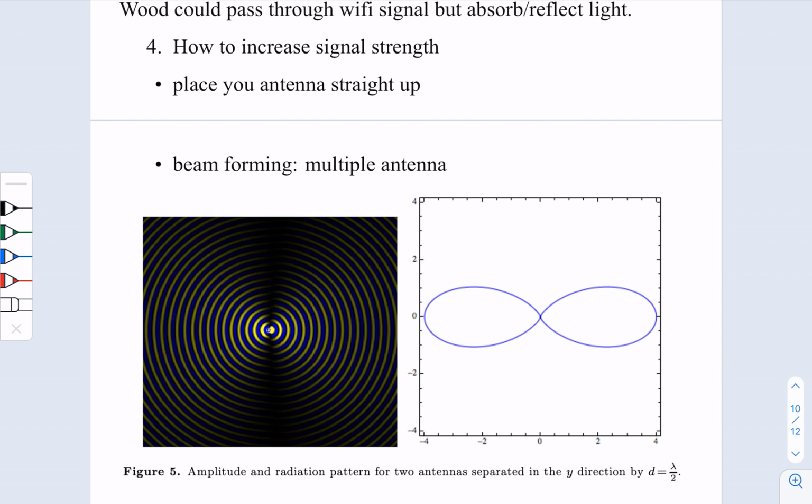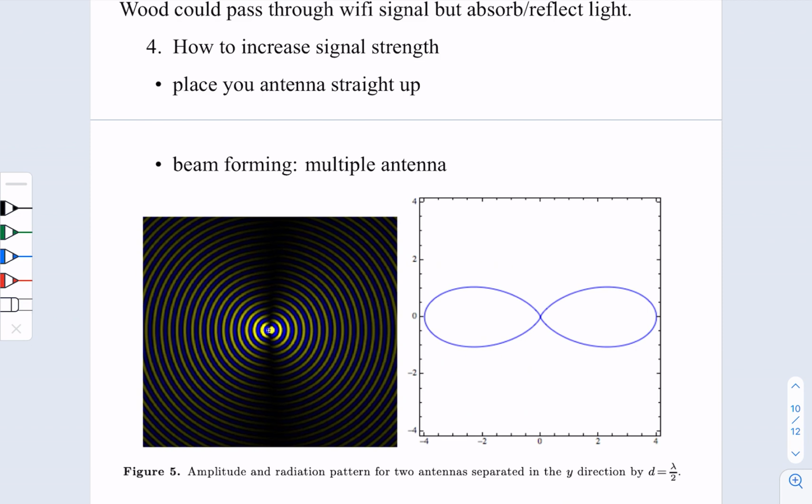Otherwise, you might interfere with your neighbors, or in some extreme cases, you are not allowed to emit certain frequencies outdoors, because some of them could have other uses, say military use or emergency use, and this limits the power output of a single antenna.